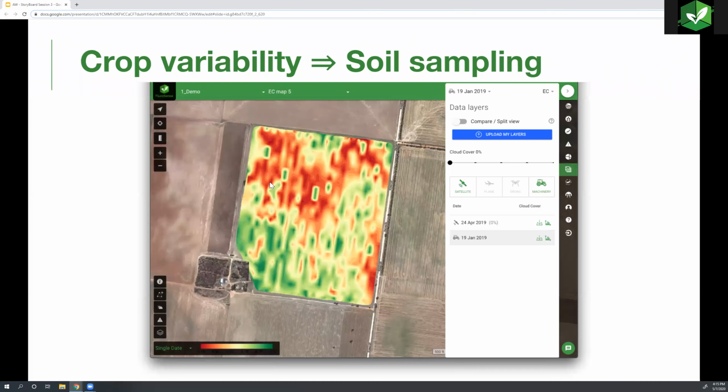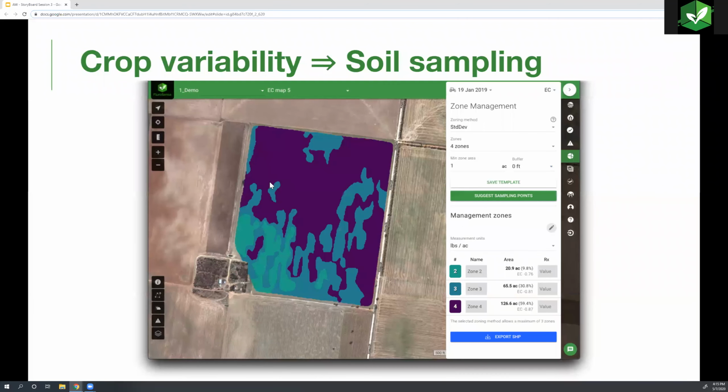As you can see here, this is an EC map on the Fluorosat platform. EC is a measurement of how easily an electric current flows through the soil. So EC responds to the amount of salts in the soil, as well as indicating the soil composition. We've captured that data, we look at it spatially, and we're able to create zones from it.